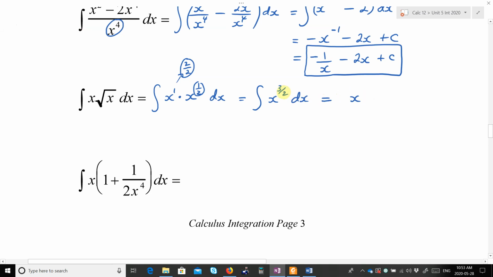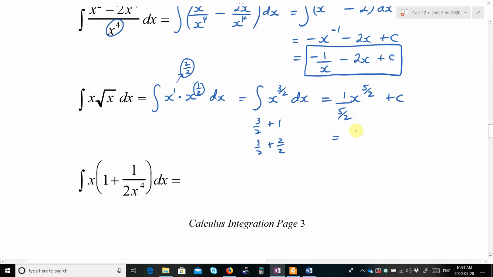And then we have to add 1 to that exponent. You have to go 3 over 2 plus 1, which is 3 over 2 plus 2 over 2. So it'll become 5 over 2, and then you have to divide by 5 over 2 here and have plus c.